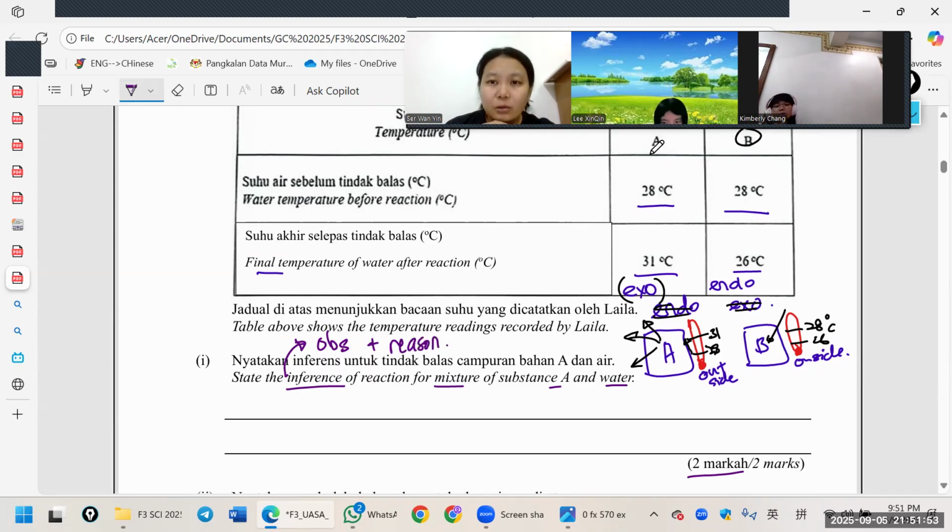For A, what's your observation? What do you see before and after?